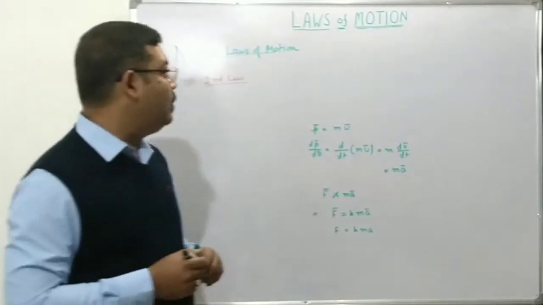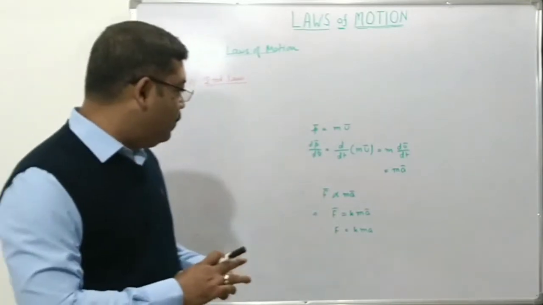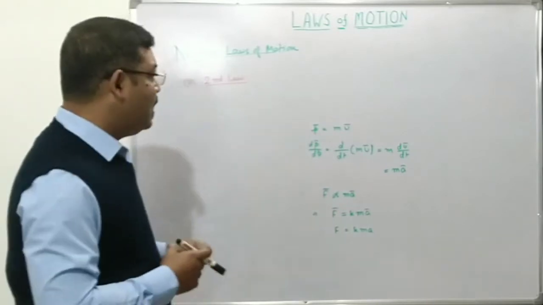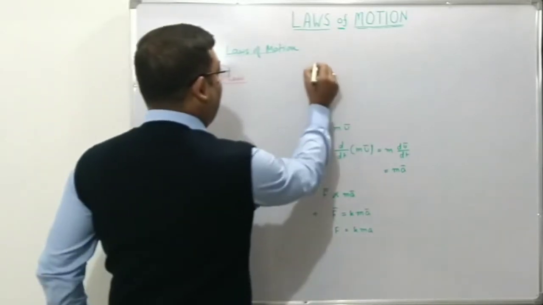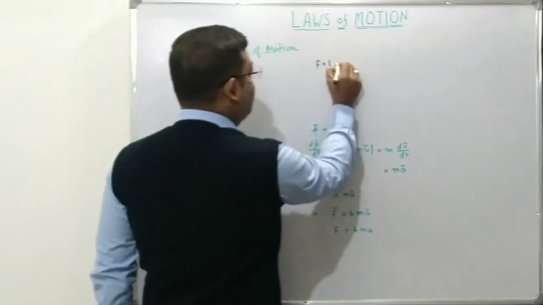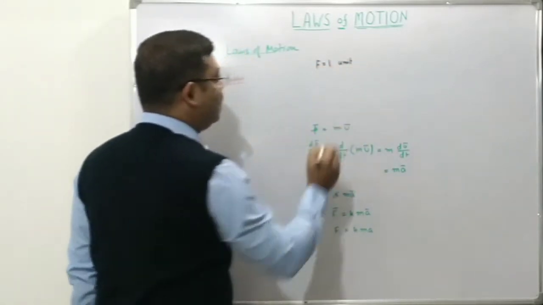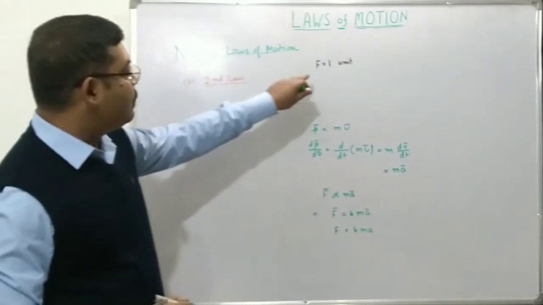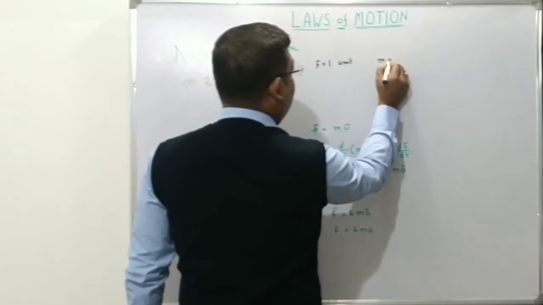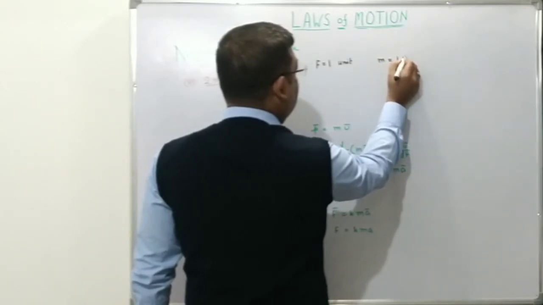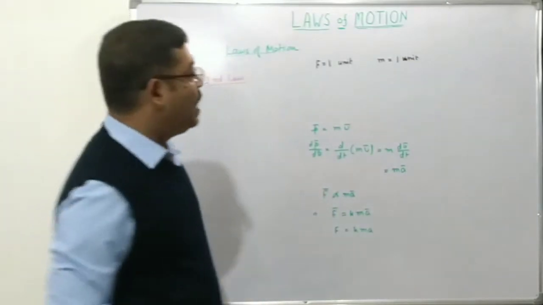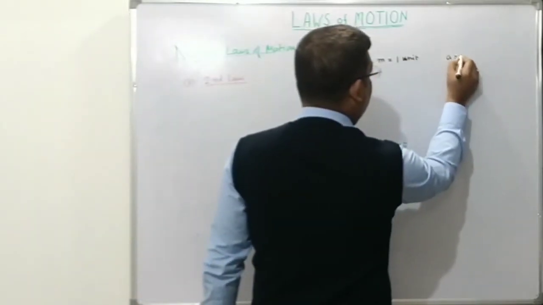To do that, what we do is that we choose the units of force, mass and acceleration in this way such that if F equals 1, that is 1 unit of force, and if this force of 1 unit is applied to a mass of 1 unit, then the acceleration produced in the mass is equal to 1 unit.